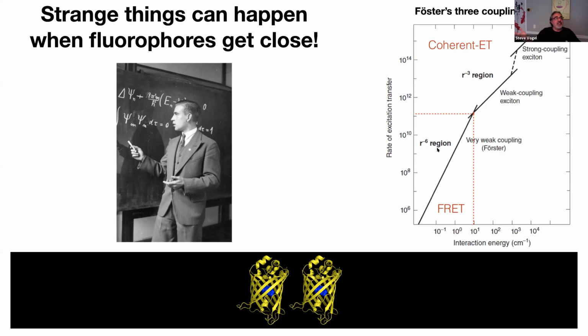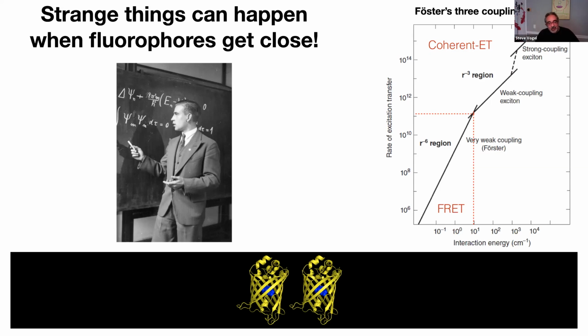So what's strange about FRET? What happens in FRET, and I already mentioned it earlier, is we can excite, let's say, this yellow fluorophore, and if we have the right techniques for following it, we might notice that even though we excited this one, this one might be the one that gives off the photon. That's pretty strange behavior, right?